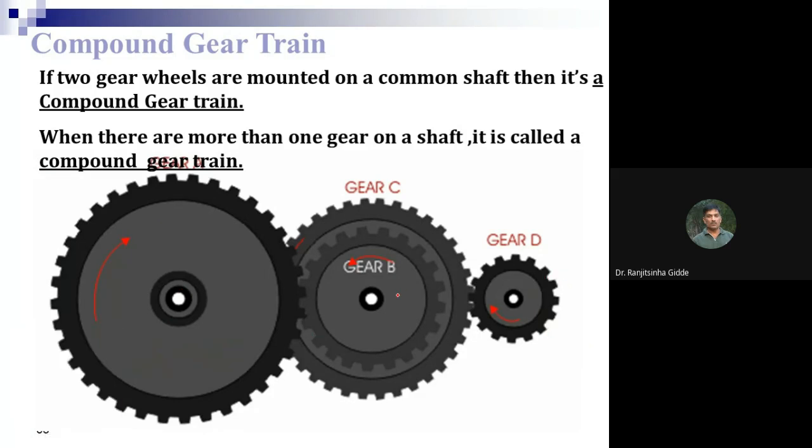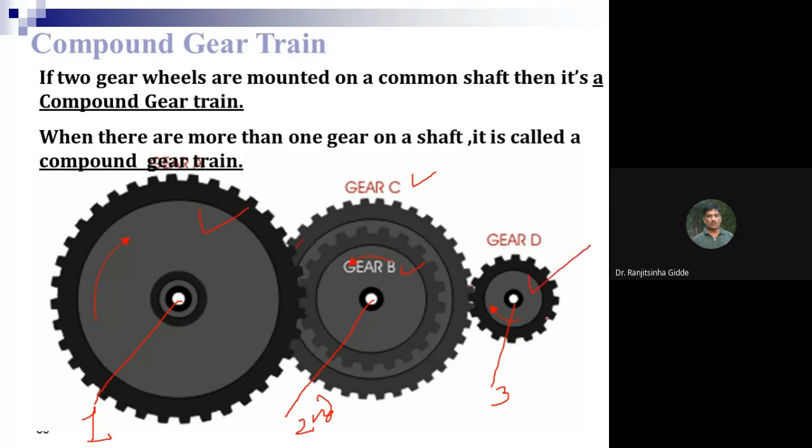So what you can see here, this one is the first shaft, this is the second shaft, and this is the third shaft. On the second shaft you can see that there are two gears, gear B and gear C. On the input shaft, that is the first shaft, gear A is mounted.